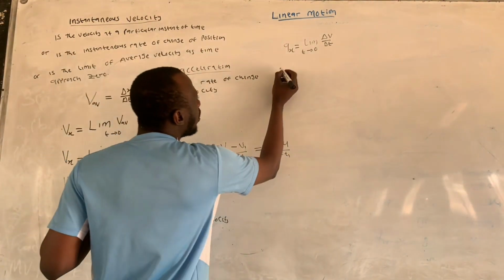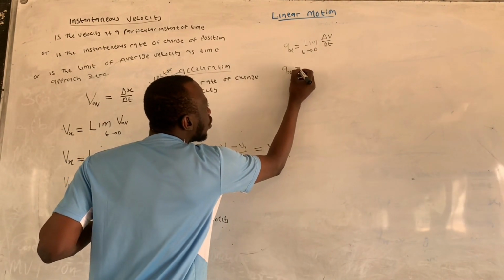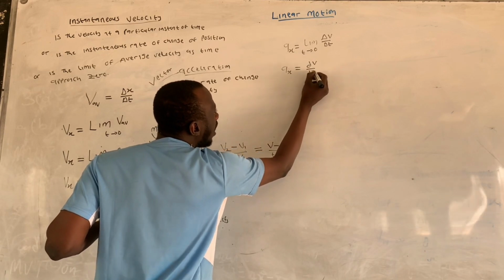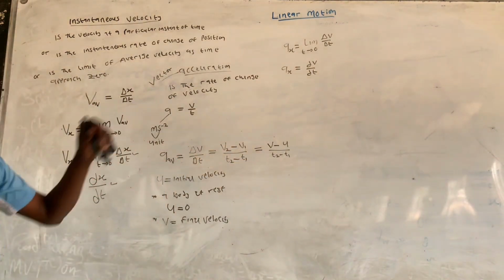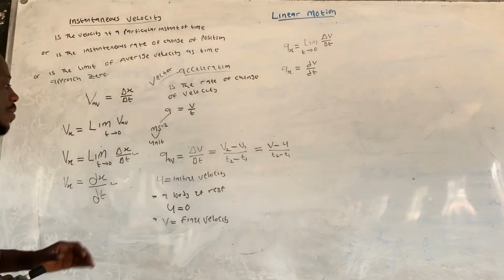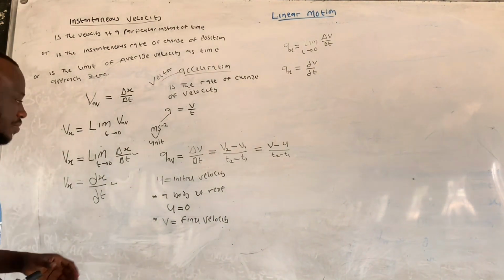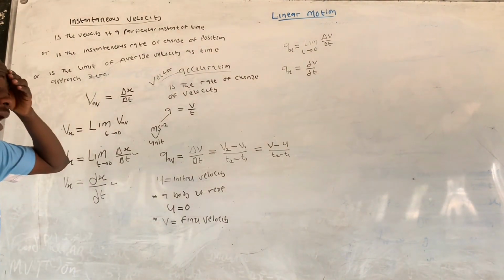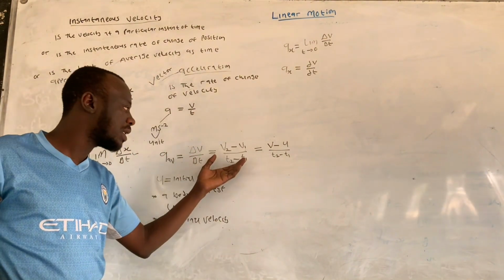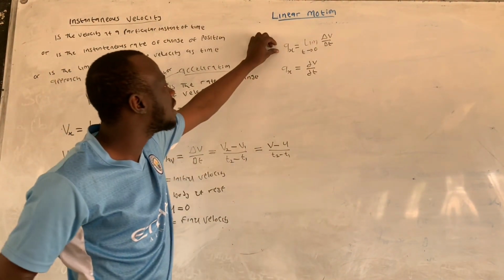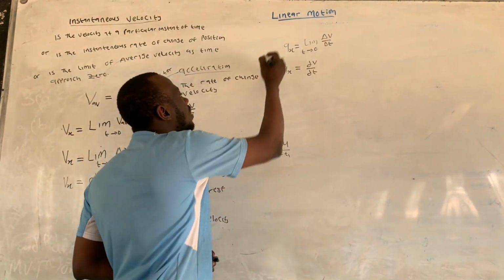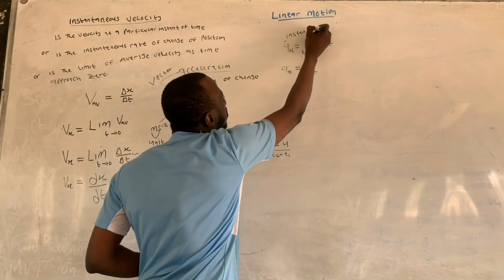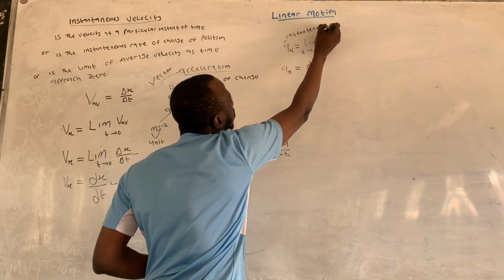This means that, according to the tangent, ax is equal to dv over dt. So please remember that acceleration is change in velocity over time, final velocity minus initial velocity over t2 minus t1, and then instantaneous acceleration ax.